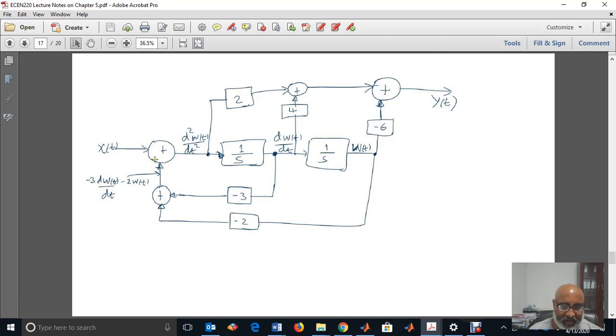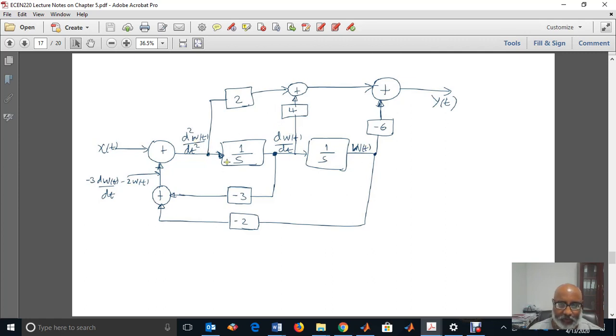So we have here another. But how do we get 3 times dw by dt? Okay, we have the second derivative of w, we will pass it through 1 over s. 1 over s means integrator. So if I do the integration of the second derivative, I will have the first derivative. And if I do the integration of the first derivative, I will get w of t.